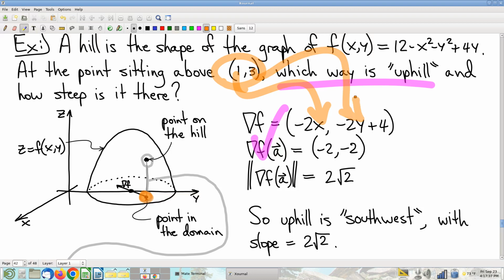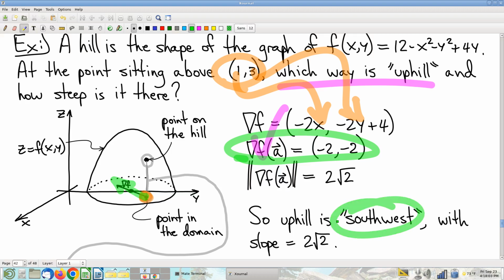And so altogether, what direction is that pointing? Well, it's the unit vector pointing in the direction of (-2, -2), and that's what I'm going to call southwest, in the sense that the y-axis is typically thought of as pointing north, and the x-axis is typically thought of as pointing east. And in that sense, this is southwest. Okay. Everybody happy?